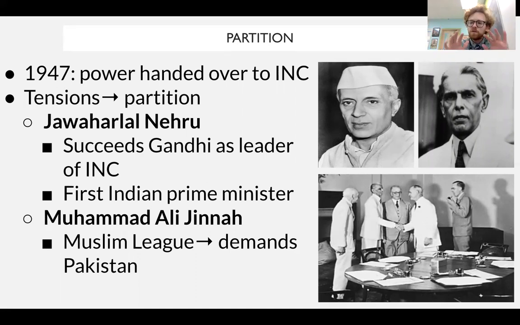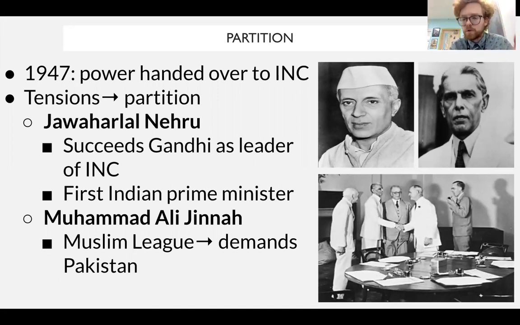So there's going to be a few sit-downs between the different leaders of the Indian groups of people, between the INC, mostly Hindus, and the Muslim League, mostly Muslims. And there's going to be a series of negotiations between these two guys right here. On the INC side, we have Gandhi's successor, a guy by the name of Jawaharlal Nehru.